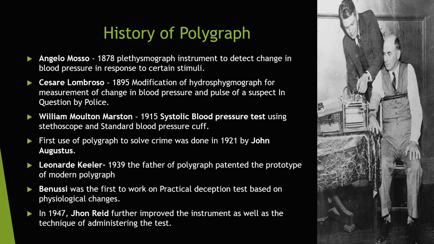Now, the history of the polygraph. It begins in 1878, when the instrument was developed by Angelo Mosso to detect the change in blood pressure in response to certain stimuli. It was further enhanced in 1895, when a modification of the hydrosphygmograph was made for the measurement of change in blood pressure and pulse of a suspect in question by the police.